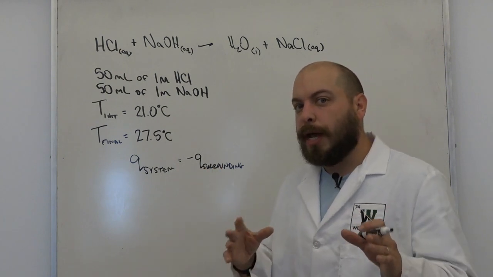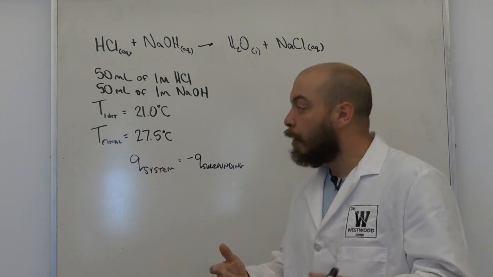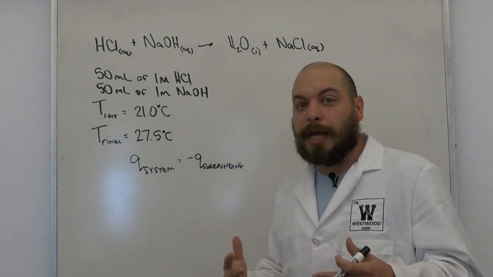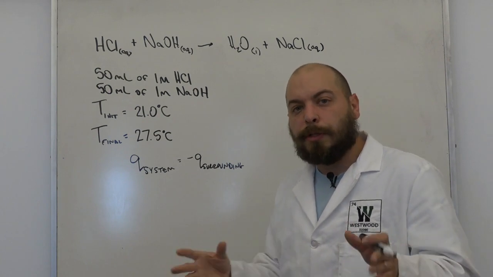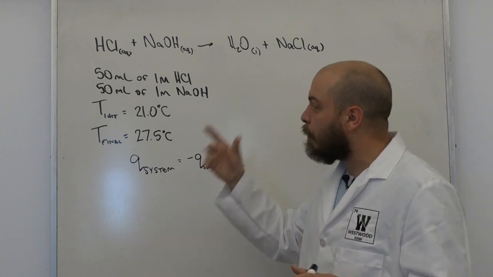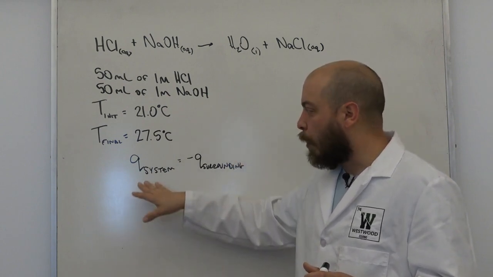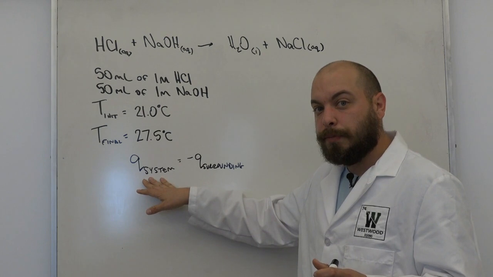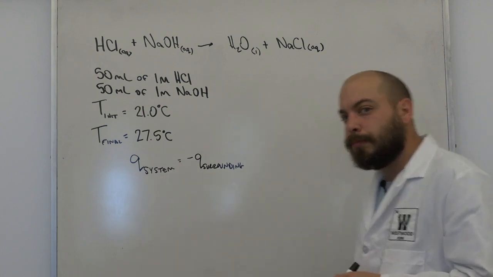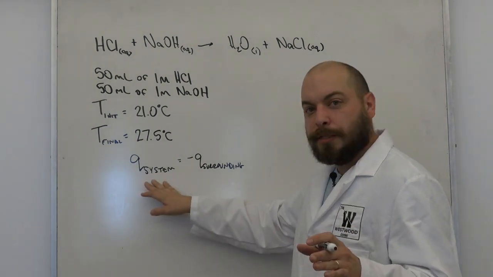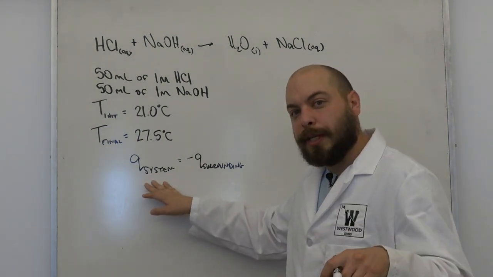So we need to figure out, okay, we've got a delta H, we've got a Q. So we need to go ahead and use this assumption because in the end, the process here, we're looking for delta H of the reaction. So what I'm going to do is start by saying, okay, if I need to find my delta H of the reaction, how can I get it from this setup? So let's take a look at that. If Q of system and delta H of the system are connected, let's figure out how.